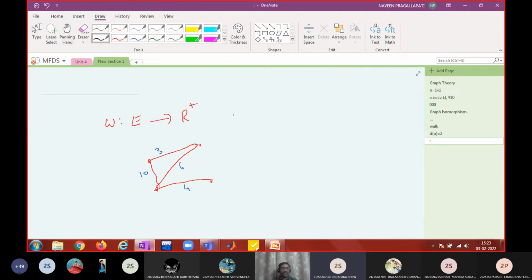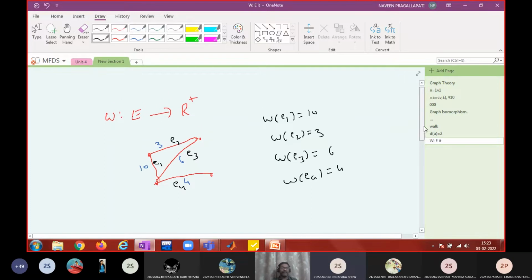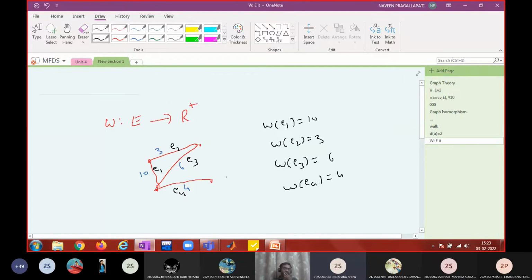If I call this edge E1, this edge E2, edge E3, and edge E4, then W of E1 is equal to 10, W of E2 is equal to 3, W of E3 equal to 6, W of E4 equal to 4. Such a mapping you may call a weight function. So if you are assigning weights to a graph, that resultant graph is said to be a weighted graph.